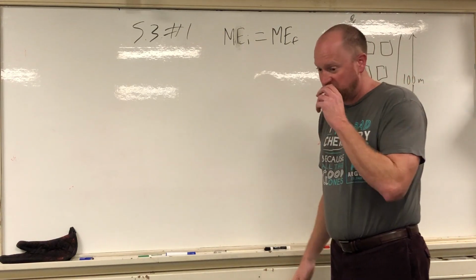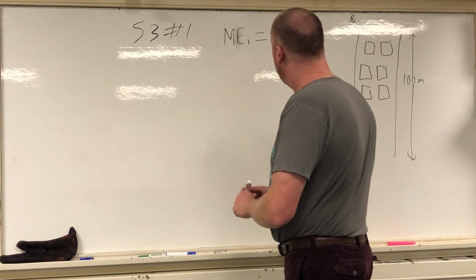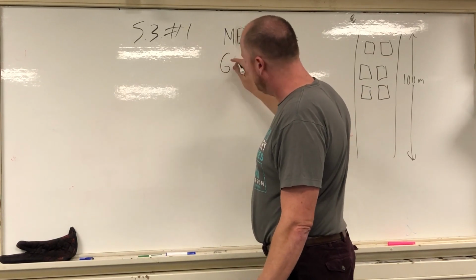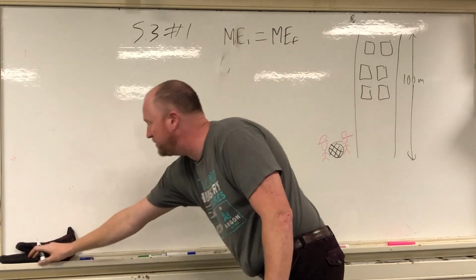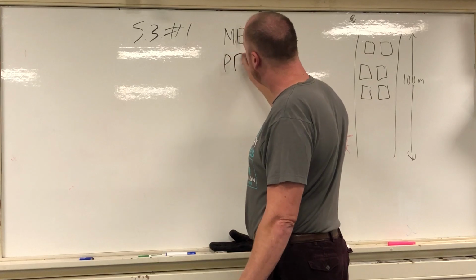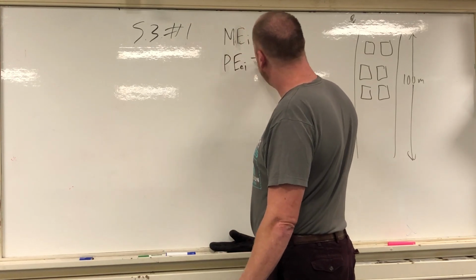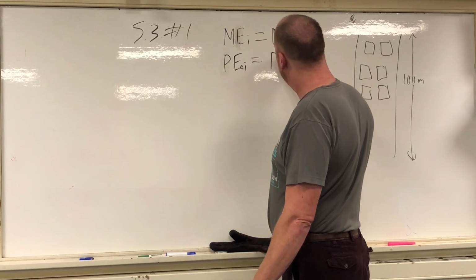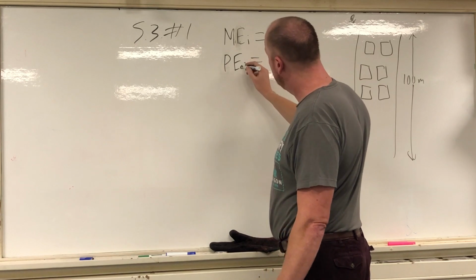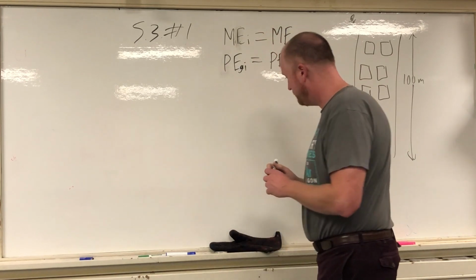Let's find out what our situation is here. So, initially you're at the top with gravitational potential energy, and that's initially, is going to equal elastic potential at the end.